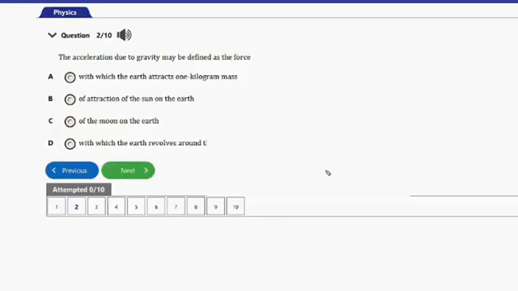The answer to this question is option A. The acceleration due to gravity can be defined as the force with which the Earth attracts 1 kilogram mass. So that's it for this question. Let's go ahead and consider the next question.